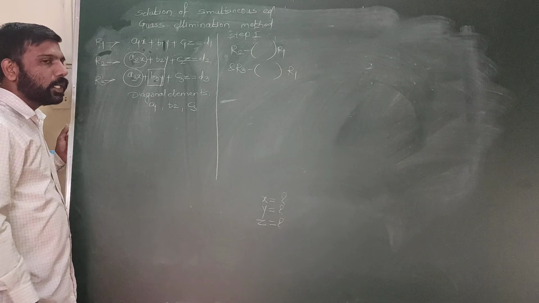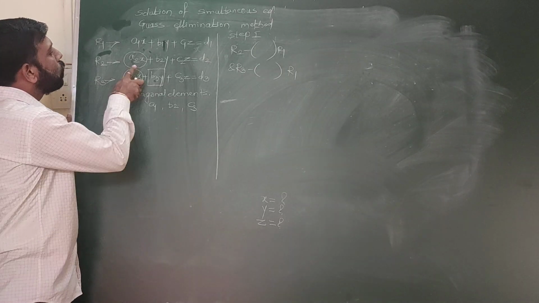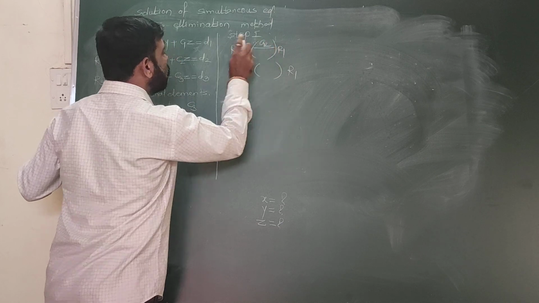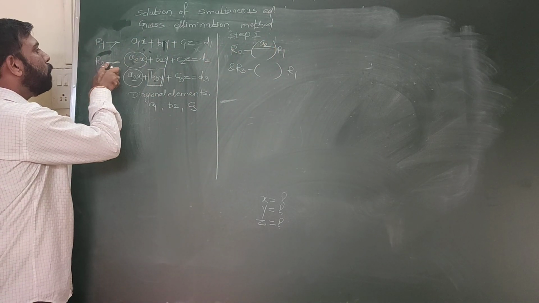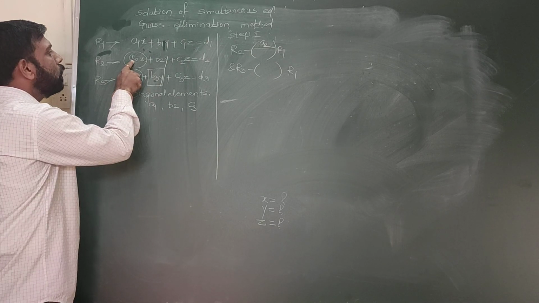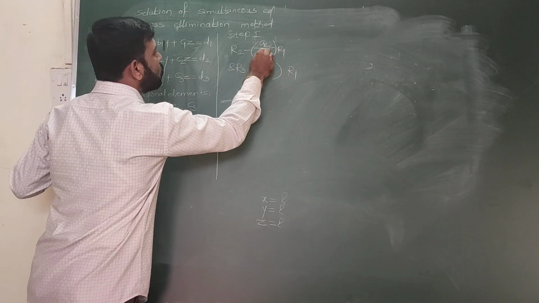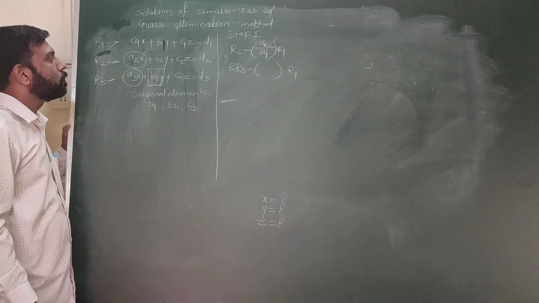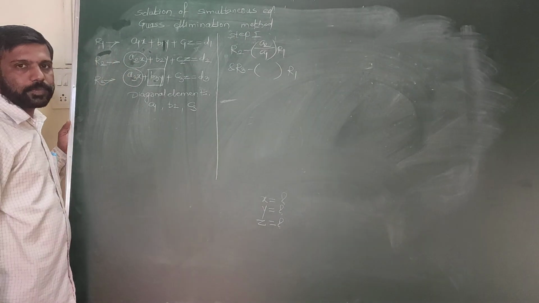Now each time, what is the multiplying factor? Multiply by A2, the coefficient of the first element of R2, and divide by A1. So our operation gets completed to make this element 0.